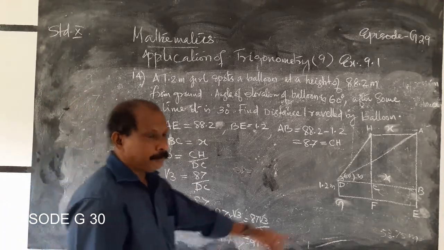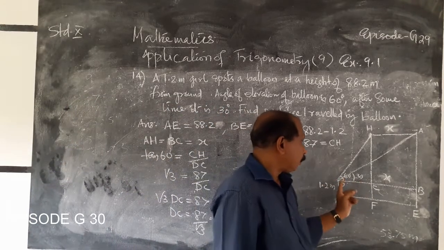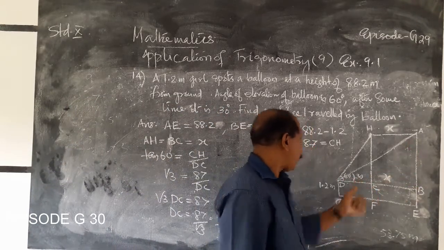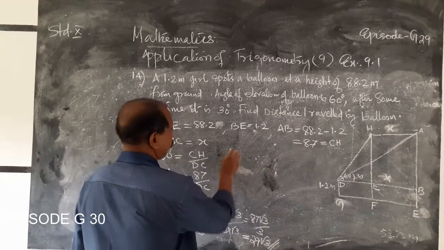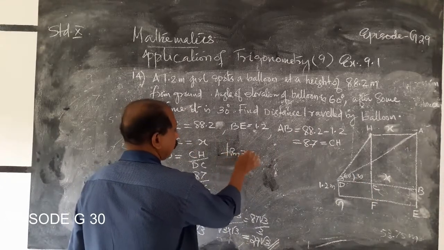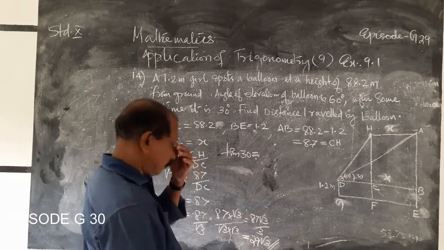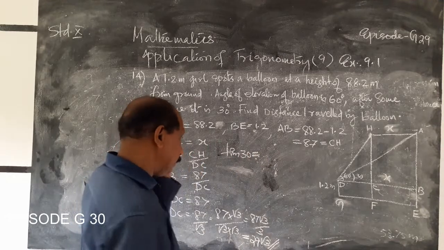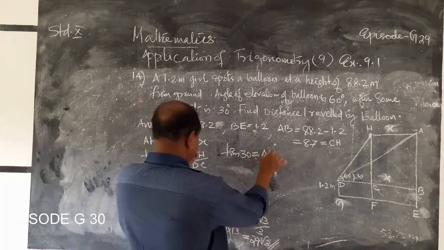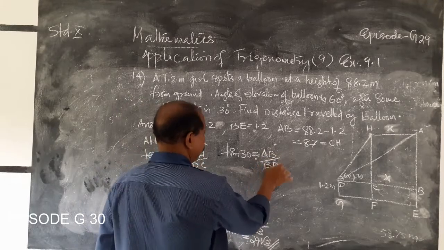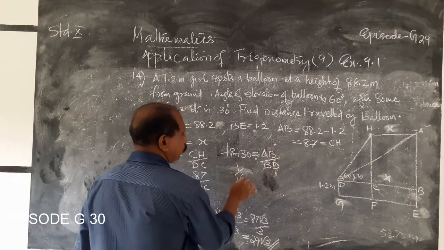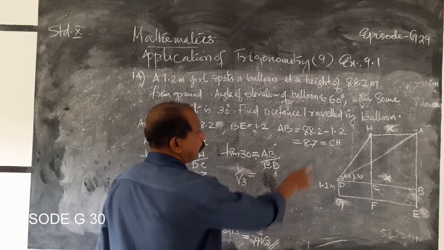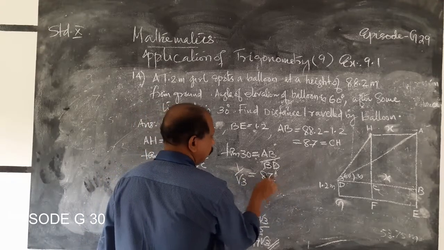Then from the second triangle DBA, tan 30 is equal to AB by BD. Tan 30 is 1 by root 3, which is equal to AB, same as 87, by BD.